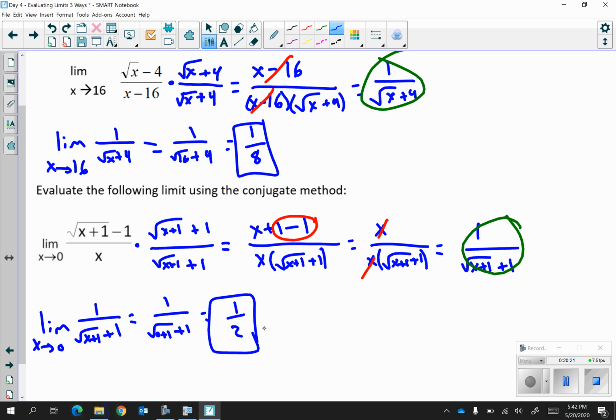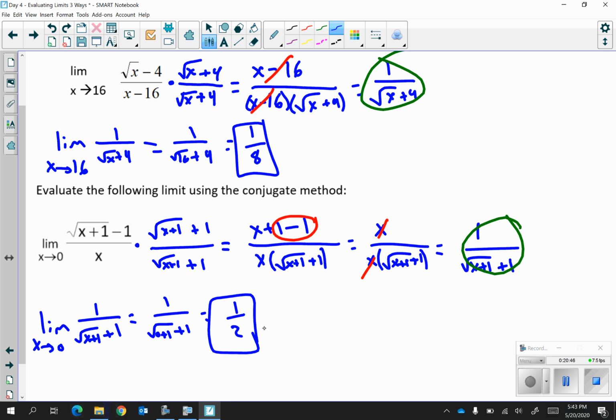And there's your answer. So keep in mind when you're doing these problems that you always want to try substitution first. And to check your answers to substitution, use your calculator, look at the graph, and look at the table to make sure that you're right. If you can't use substitution, try factoring, in which case then you can use substitution afterwards once you factor and cancel.